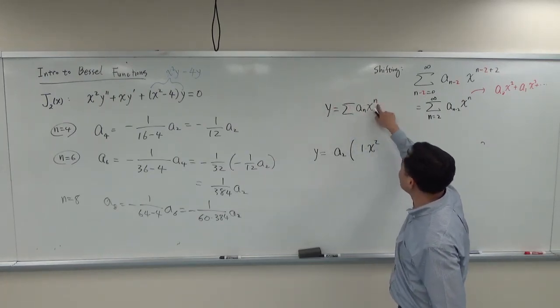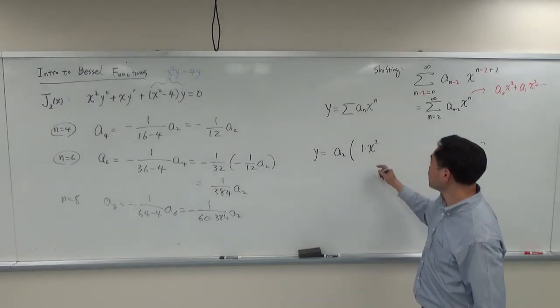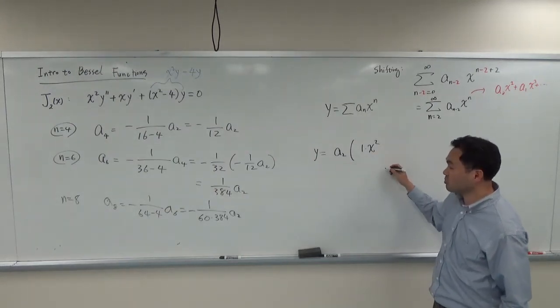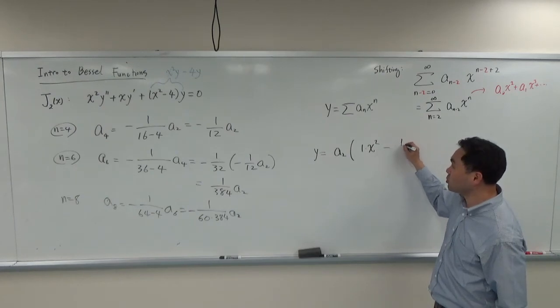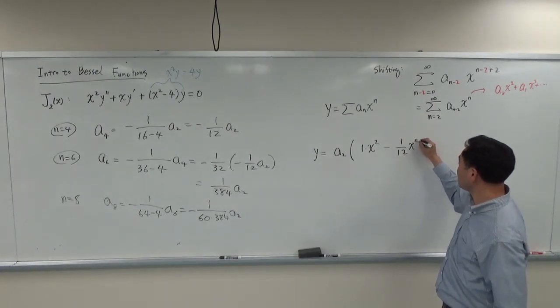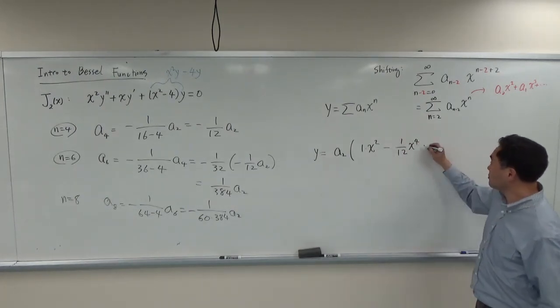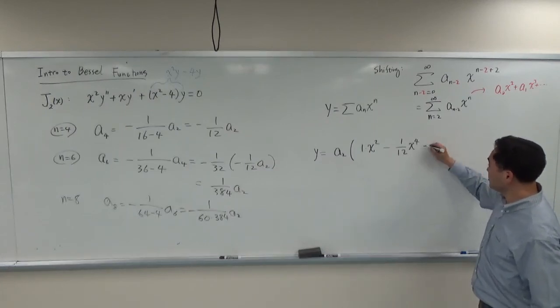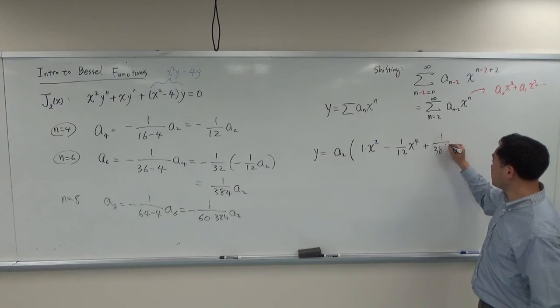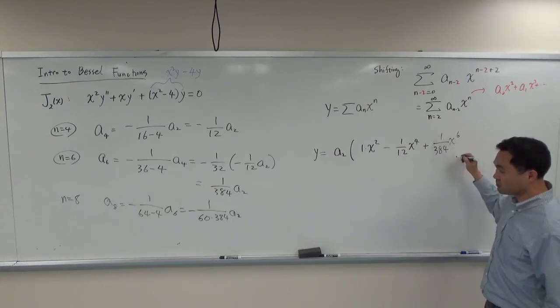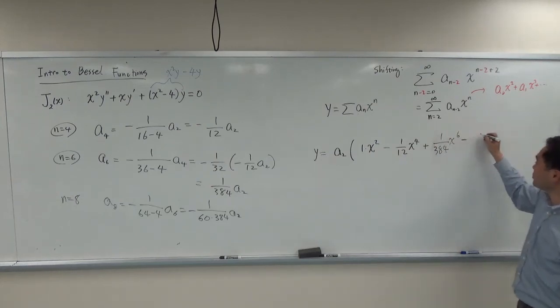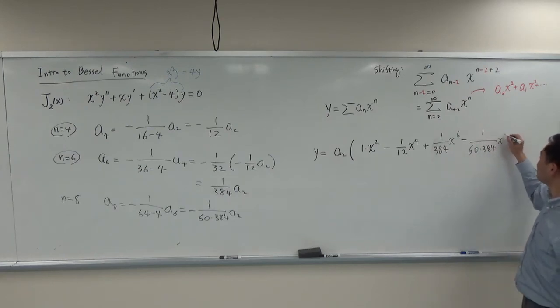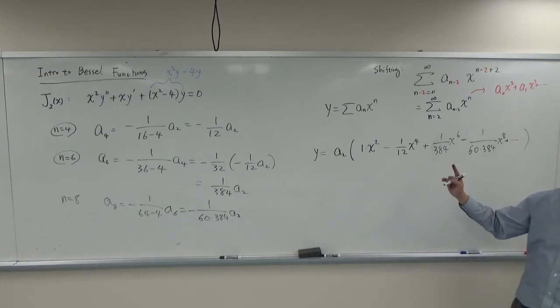So an is the coefficient of x to the n, right? So a2 is the x squared coefficient, but then there will be minus 1 over 12, which is x to the 4th, and then plus 1 over 384, x to the 6th, and minus 1 over 60 times 384, x to the 8th, and so on and so on. Okay? So that's the solution to this.